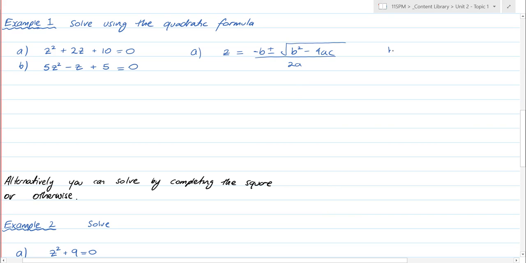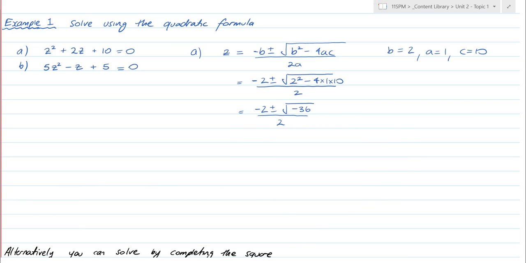And in this case, b is equal to 2, a is equal to 1, and c is equal to 10. And so we get z is equal to -2 plus or minus the square root of 2 squared minus 4 times 1 times 10 all over 2. And that is -2 plus or minus the square root of 4 minus 40, which is -36, over 2.